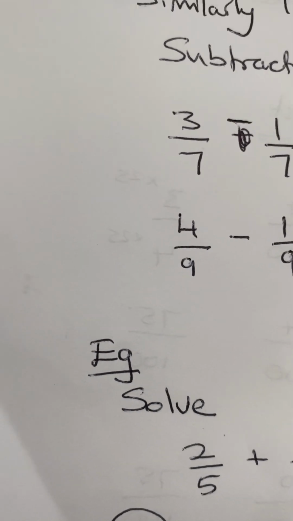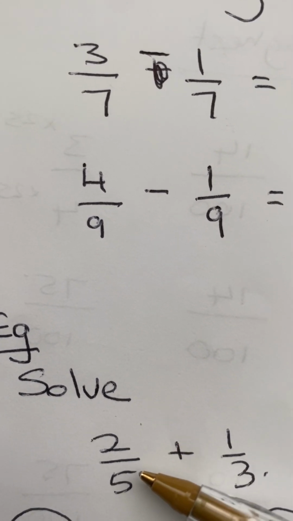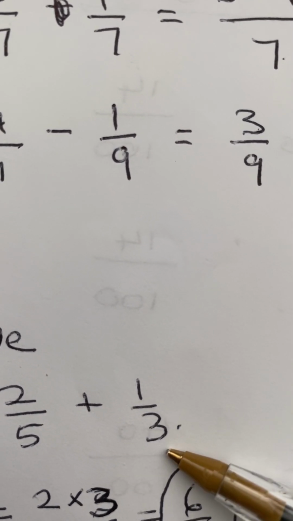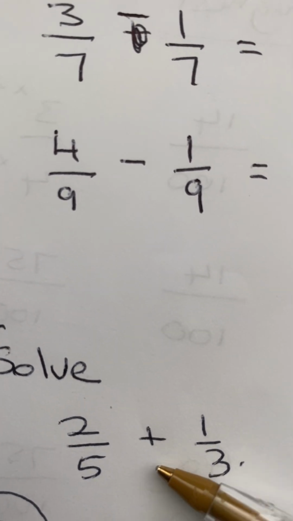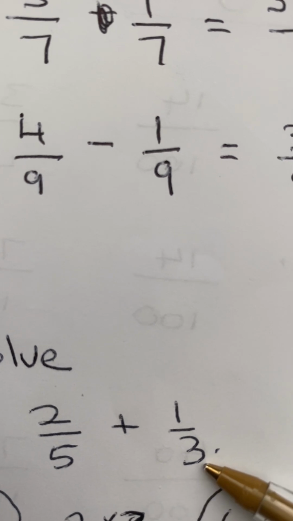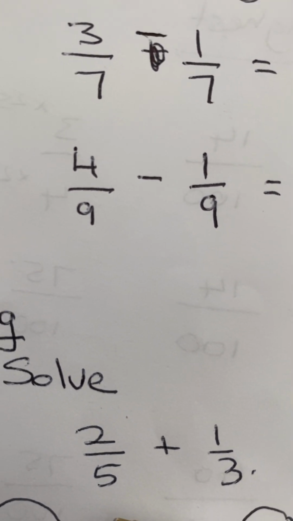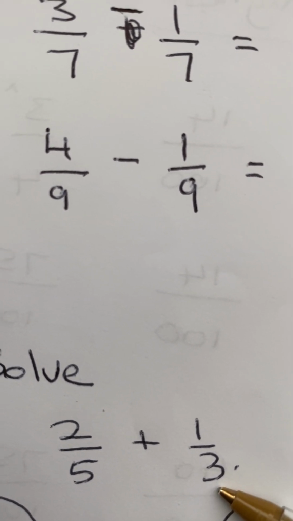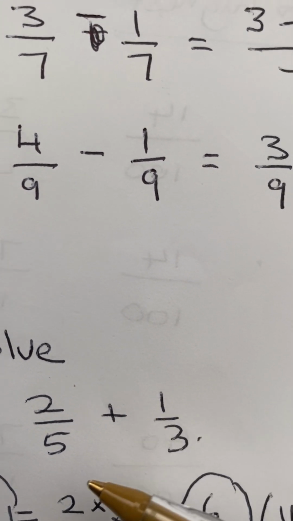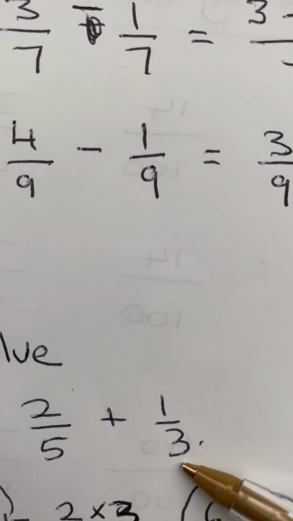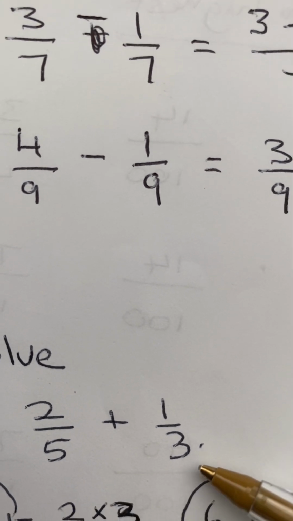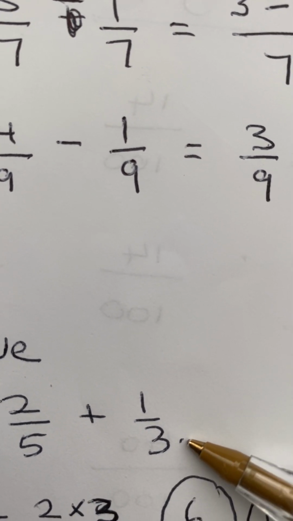So let's look at this one. Solve 2 over 5 add 1 over 3. Here we are adding, but the denominators are not the same. If we had 5 and 5, then we could add the numerators. But we have 5 for one denominator and 3 for the other.